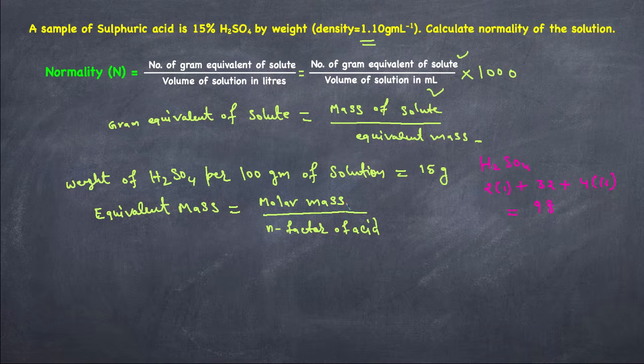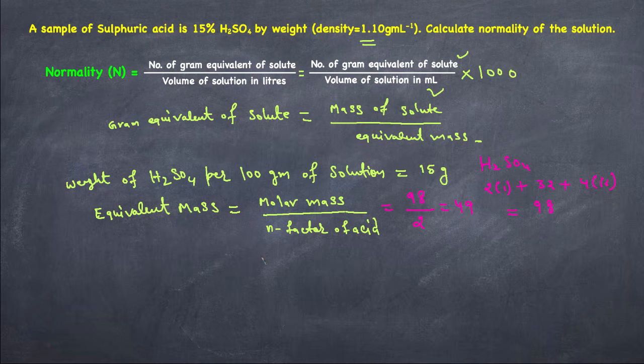So molar mass is 98. And n factor of an acid is the number of hydrogen ions released by the acid, and in H2SO4 it is equal to 2, so equivalent mass is equal to 49.